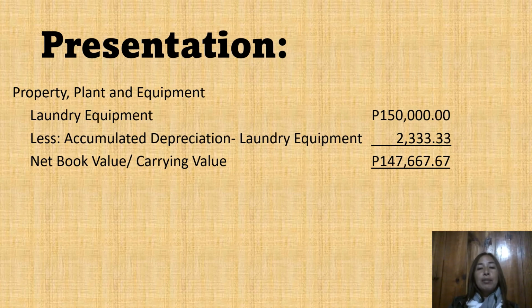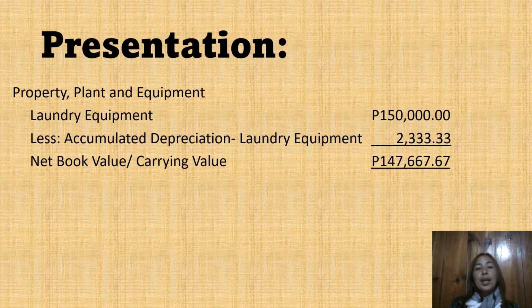What if it reached already the 5 years? Kapag 5 years na yan, hanggang sa ang matitira na lang dyan is yung ating net book value. Kapag na-reach na niya yung net book value niya, which is sabihin natin na maybe 10% of this one, kapag na-reach na yung net book value na 15,000, siguro pag 10% ang sinet natin, hindi na tayo magdi-depreciate kasi yun na yung net book value niya.